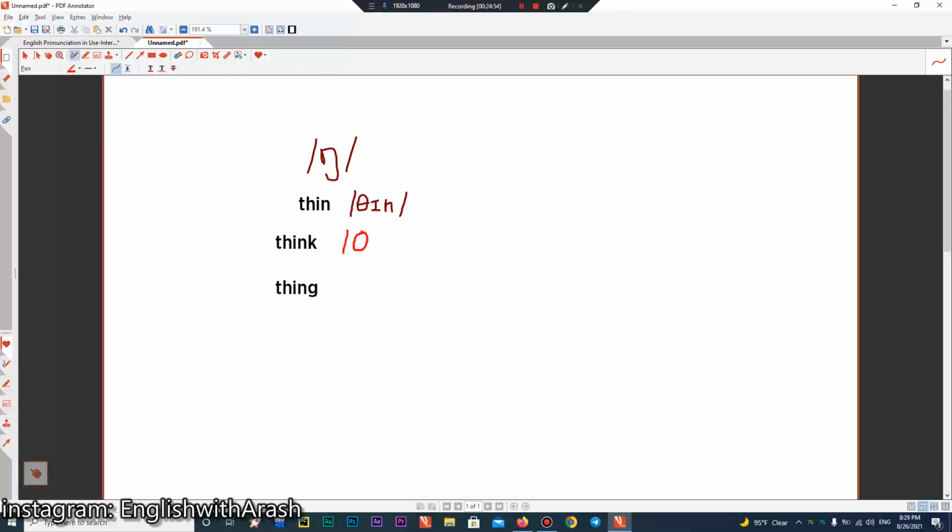So if you check this in the dictionary, you probably will see this. Think. Or you will see this. Thing. This one is just think. Thing. So it says it happens when after this ne sound you get a ke or ge sound. It happens this way a lot.